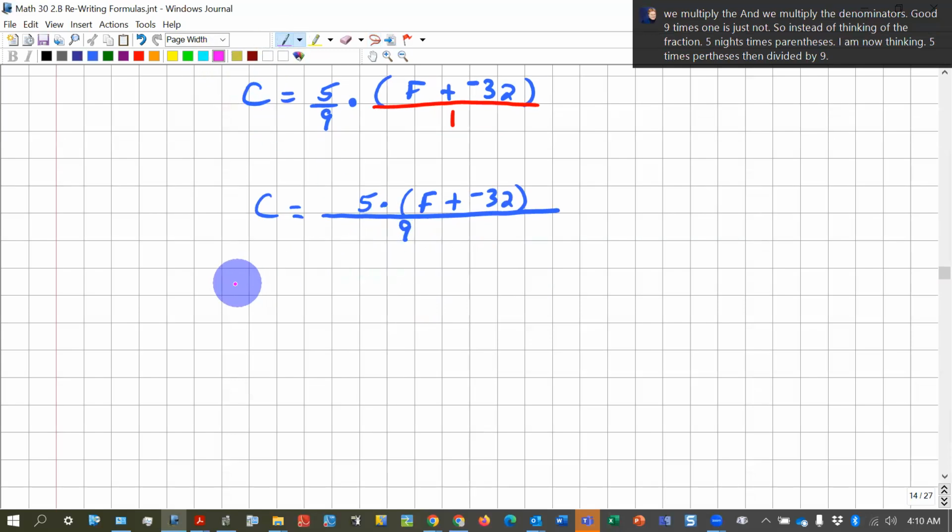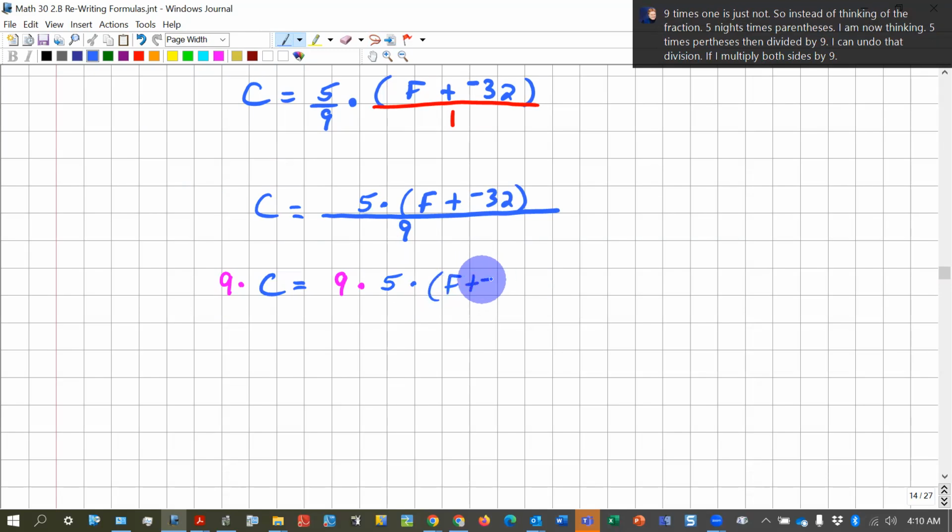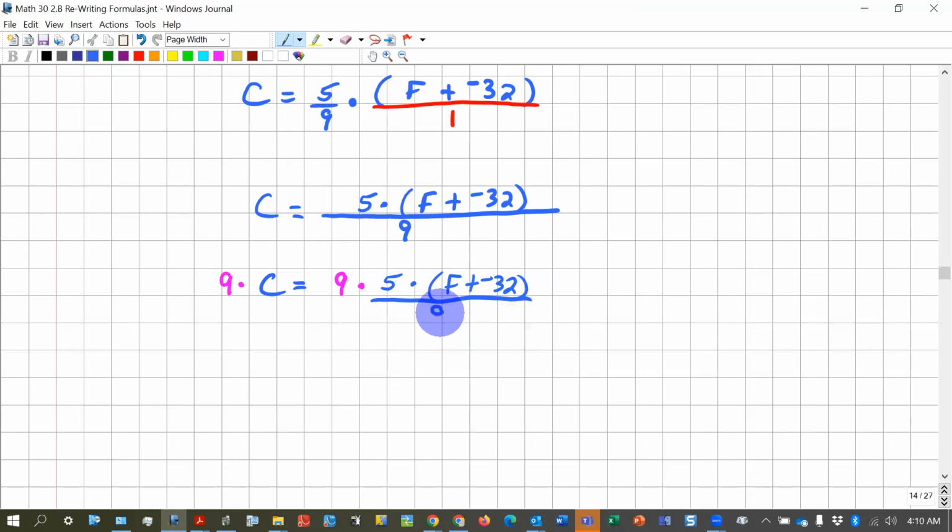I can undo that division if I multiply both sides by 9. So 9 times some stuff, then divided by 9, those 9s divide out.